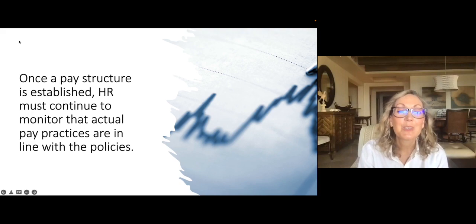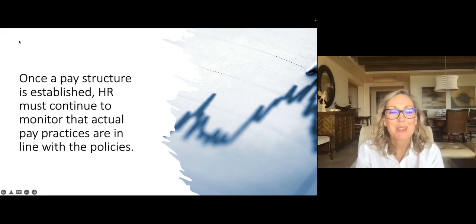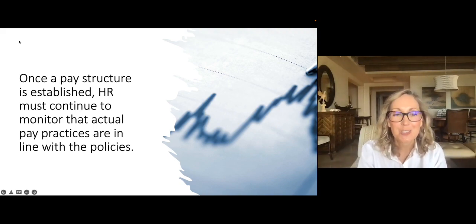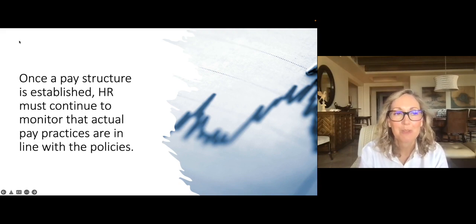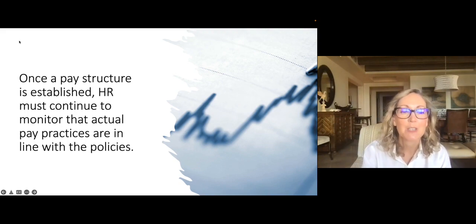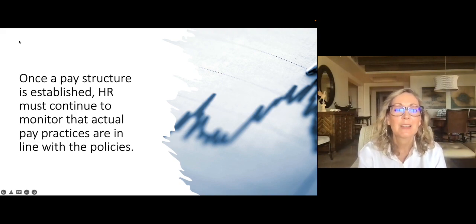Once we have done all this work, we have established our pay structure, we figured out the market, we figured out our pay grades, we have to continue to monitor that the pay practices are actually in line with what we've created. Because what happens in organizations, we create this beautiful pay structure, we give people pay ranges, and then they go out and say, look, I can't hire an engineer within this pay grade.